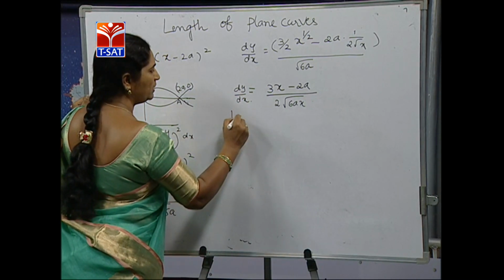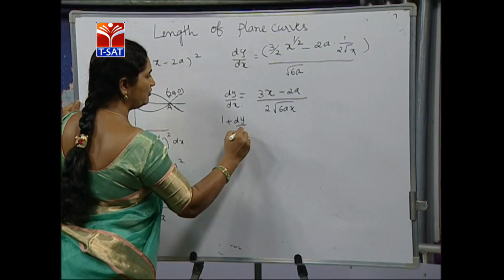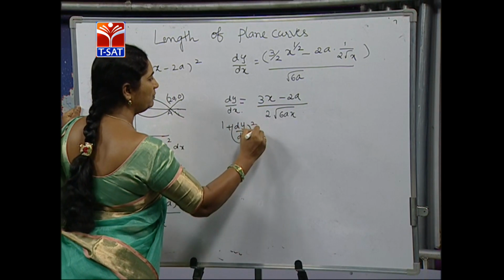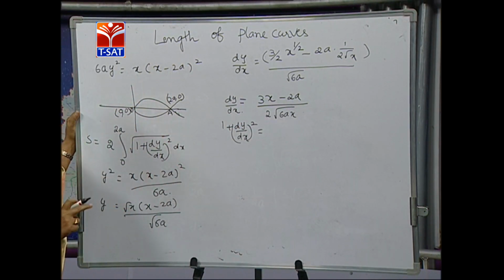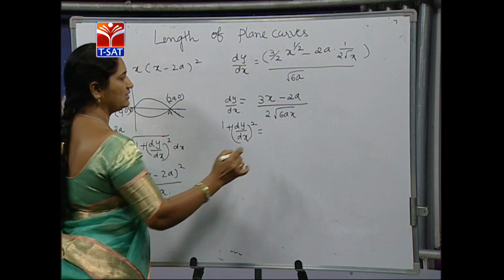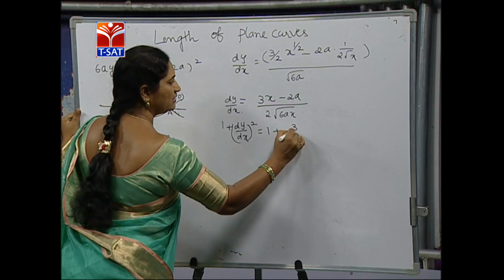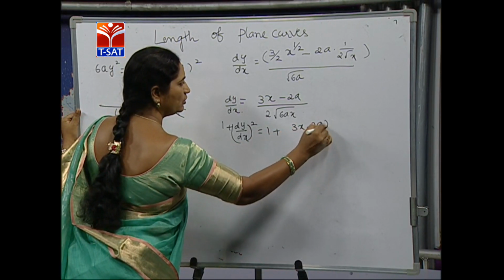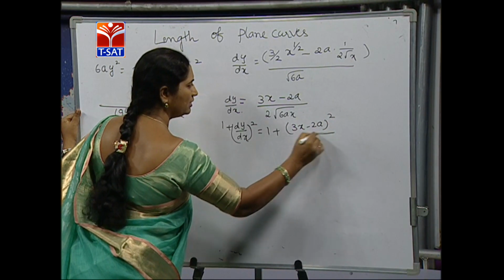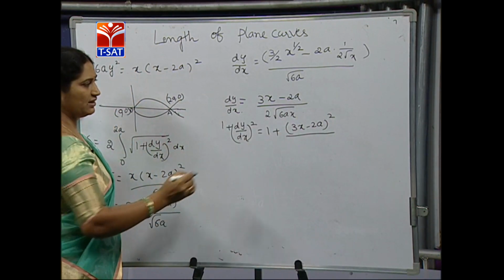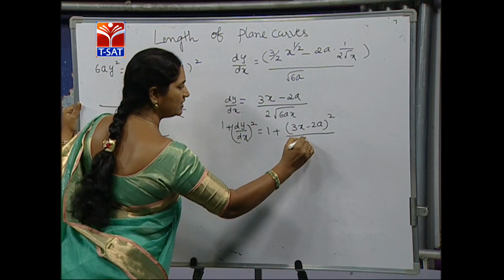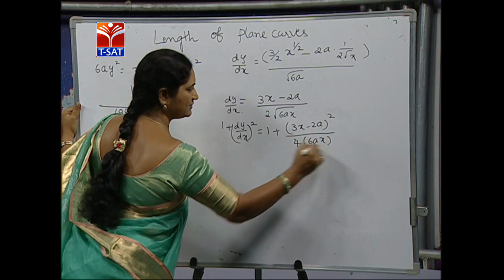Now, to substitute in the formula we require 1 plus (dy/dx)². So what is 1 plus (dy/dx)²? It is 1 plus (3x − 2a)² over 2² times 6ax, where 2² is 4 and the square of √6ax is 6ax.